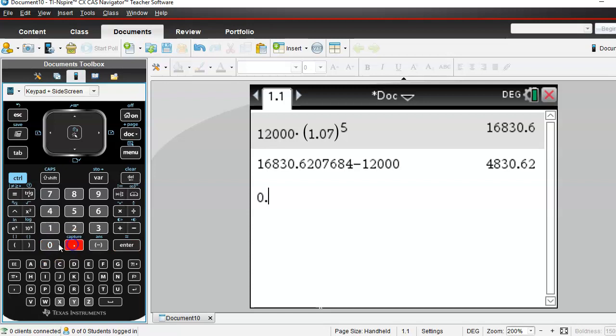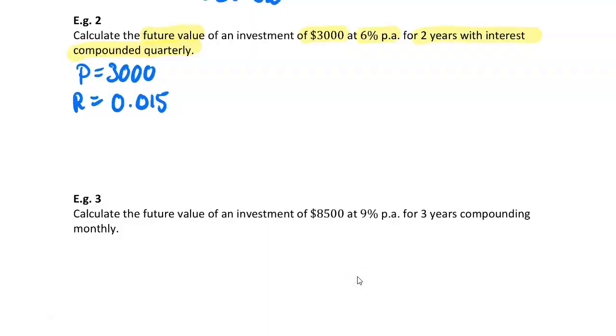So 0.06, that's 6% divided by 4 because there's 4 quarters. So that's how much our rate is each quarter, 0.015. Now, in case you're wondering, that's 1.5%, if you are wondering.